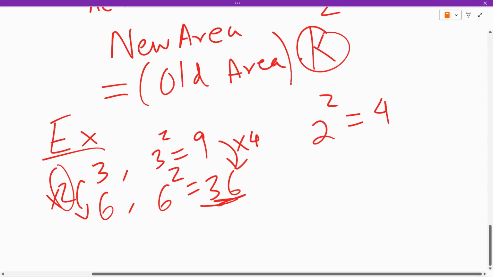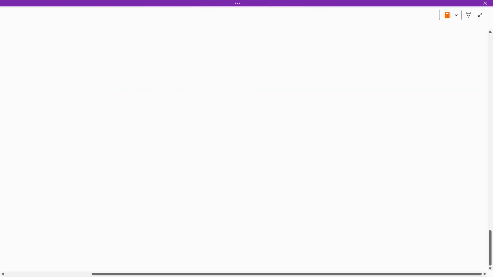Now, let's consider cubic relationships.